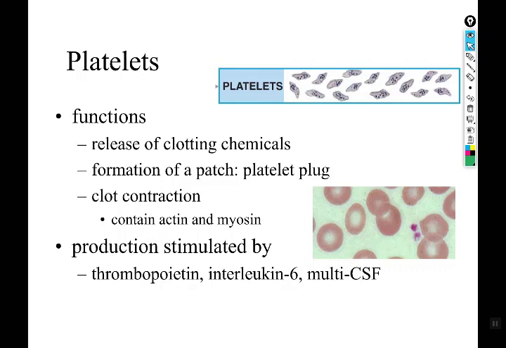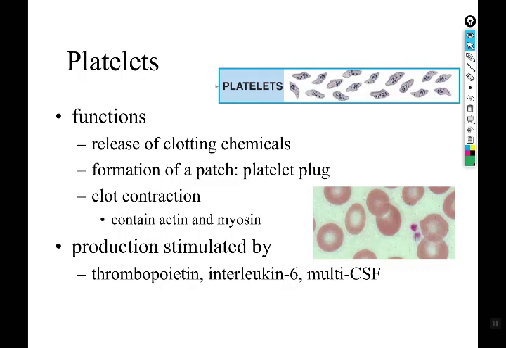And then they also undergo this cool thing called clot contraction. Two familiar proteins to you, actin and myosin, remember? Sliding filament model? Those are also present in blood clots, and they undergo excitation contraction coupling, so myosin cleaving ATP and pulling on actin, to basically pull the clot closer together and close up the hole.